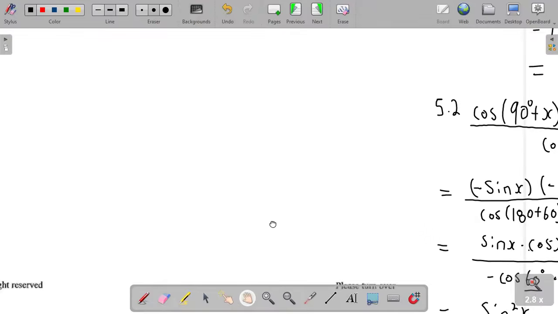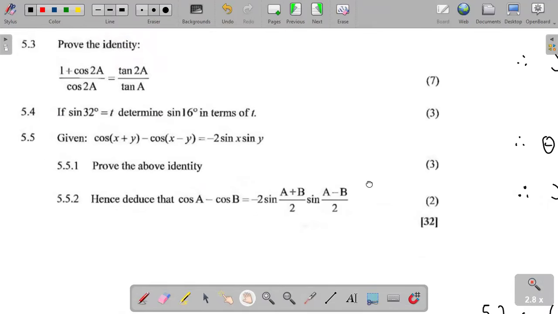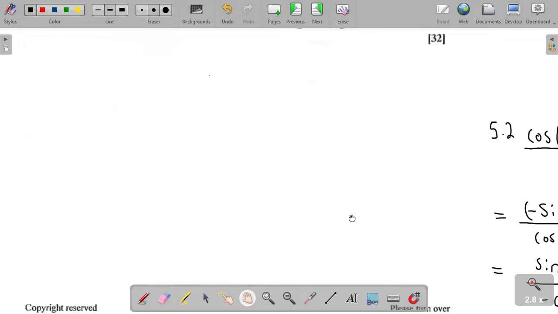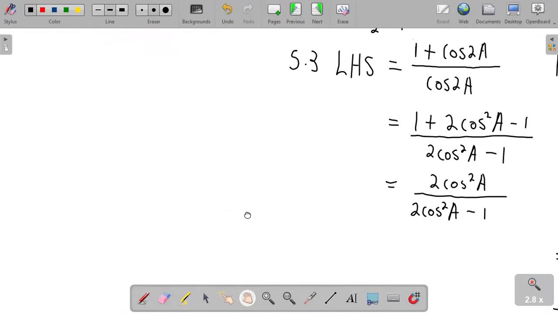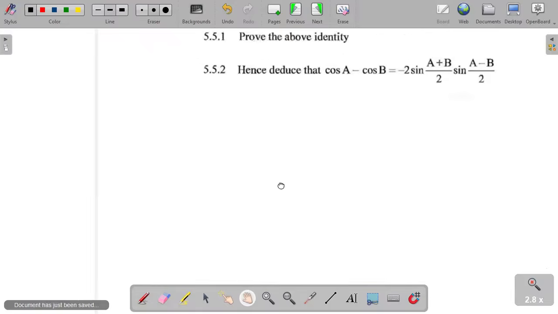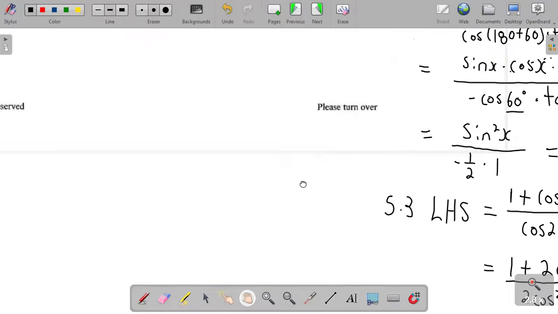Sine 16 in terms of t. Sine 32 can be broken down.